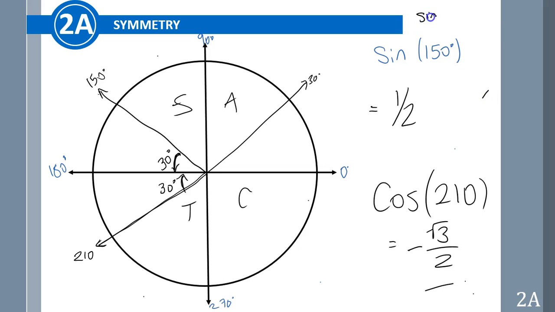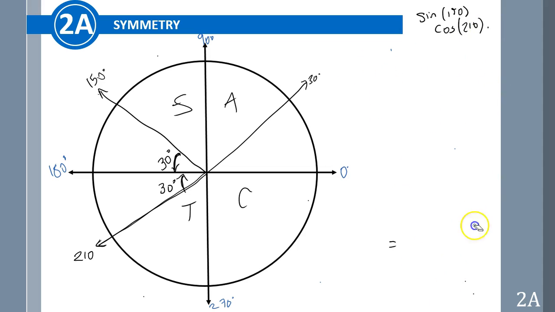Right, I'm just going to write my little examples up here so I don't forget them. Now I'm going to do it without drawing a unit circle. Either one of these methods, whichever one you like best, is absolutely fine. So just pick one and stick with it. We're going to do sine of 150.